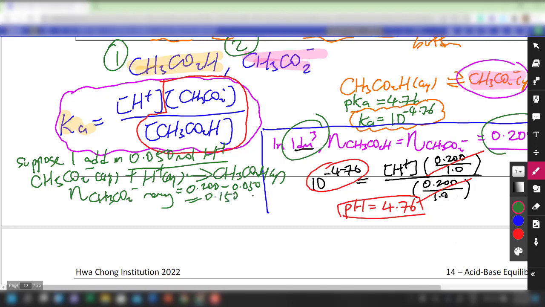I can determine the amount of ethanoic acid as well. Whatever amount of ethanoate is consumed to react with H+ will result in the formation of ethanoic acid, so the number of moles of ethanoic acid will increase to 0.250.